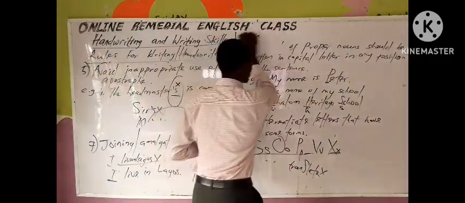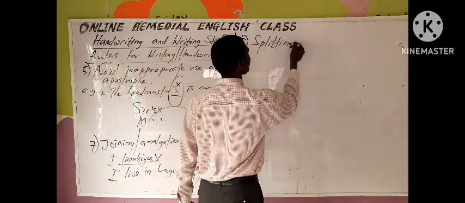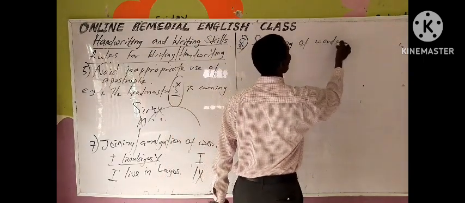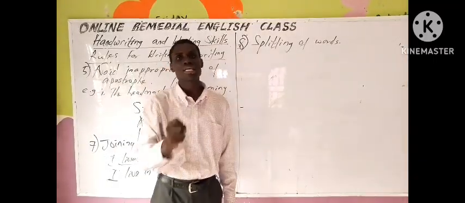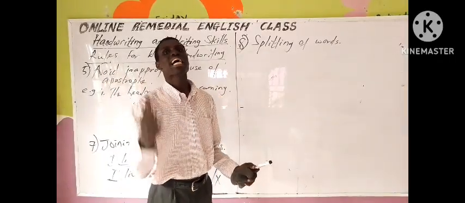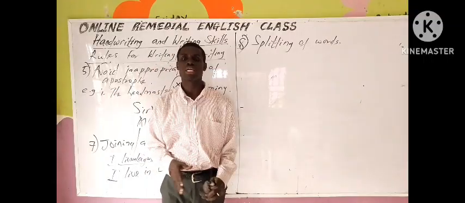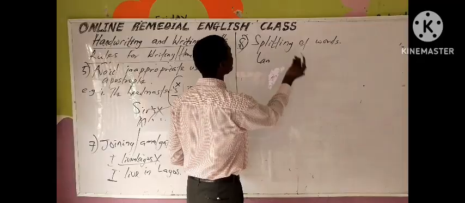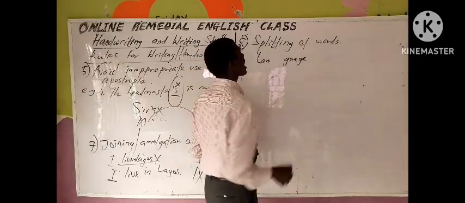Now, number 8 is splitting, dividing of words. Words that are meant to be single units, and you're now dividing them. By that space, you are saying that the first part is a word on its own, the second part is a word on its own. For instance, you have the word land, and you see students leaving space, then putting language.